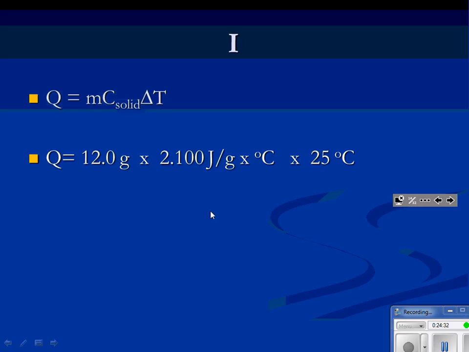So when I put this all together and do my multiplication, I come up with phase 1, Roman numeral 1 on the chart, which is 630 joules.